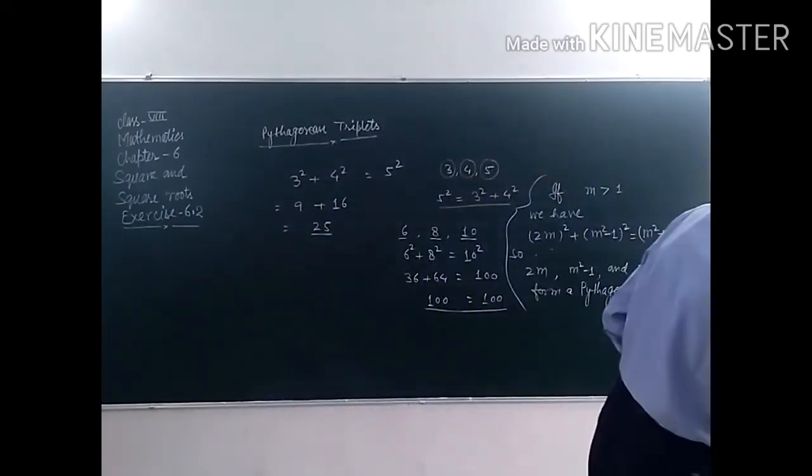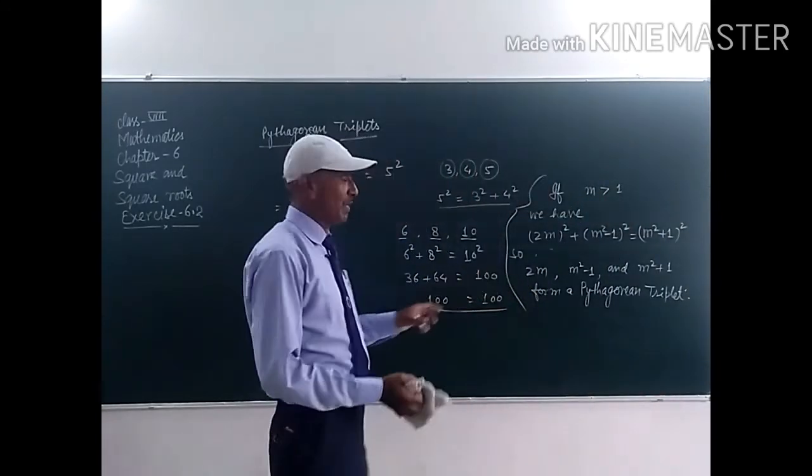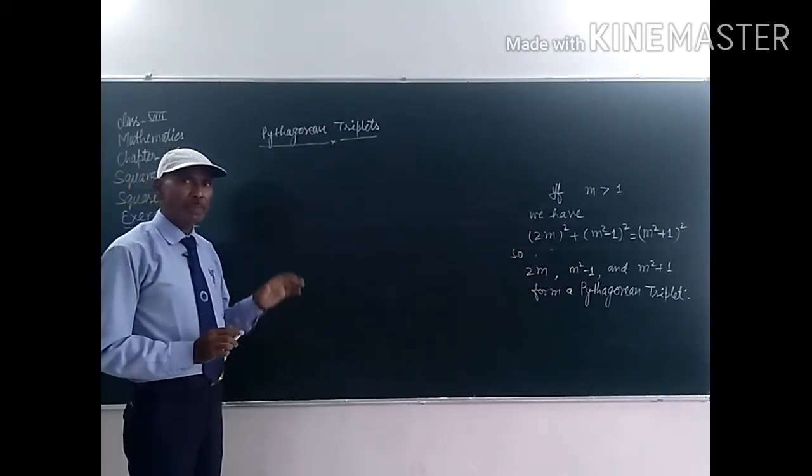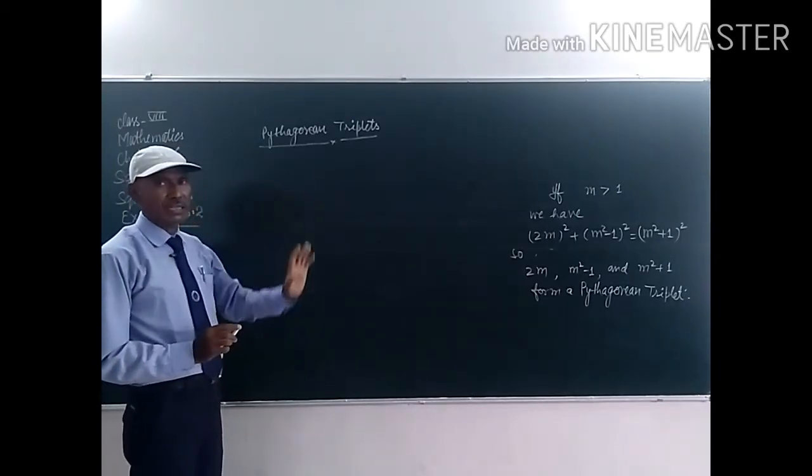Before solving question number 2, we have to take an example, students. If 8 is the smallest member of a Pythagorean triplet, then find the other members.